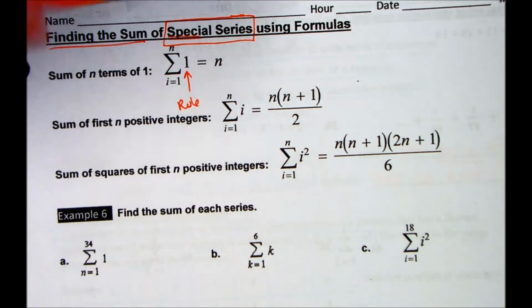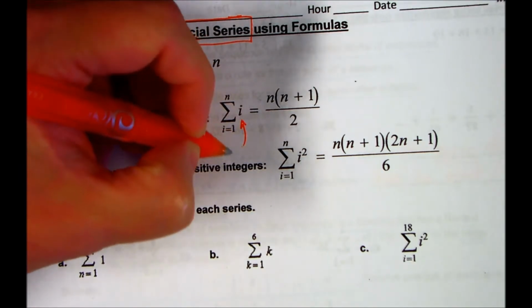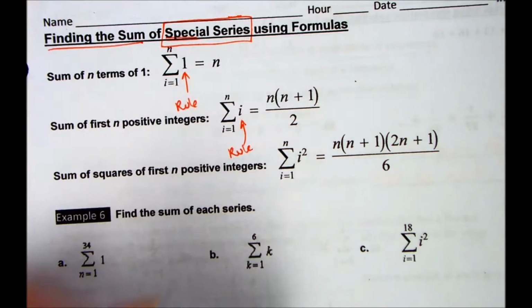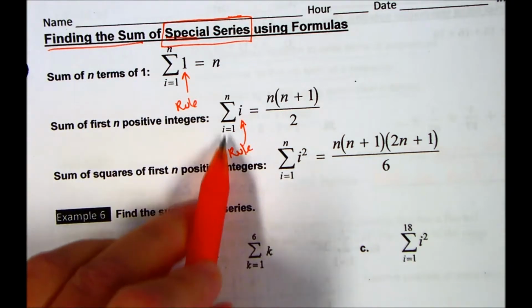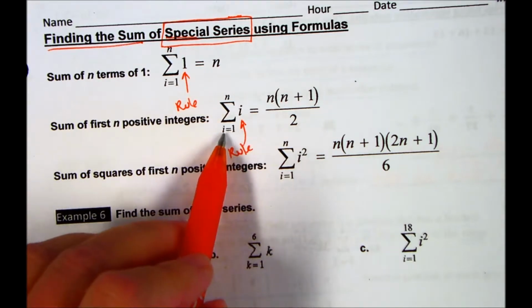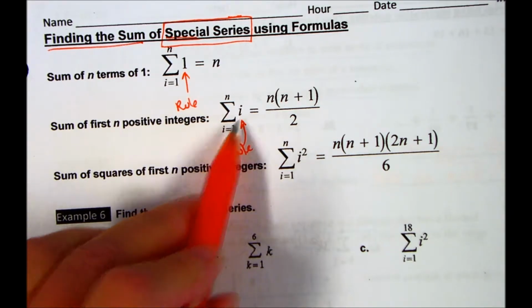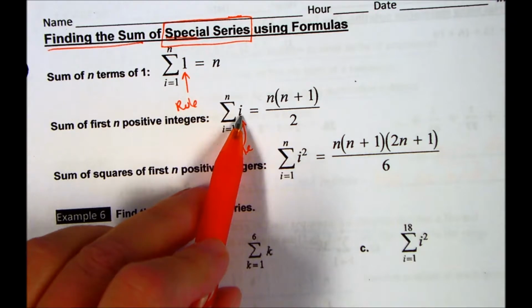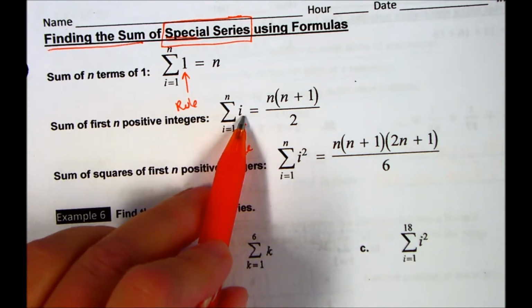In this second one, our rule is i, which basically is the same. So basically it's saying the output value is going to be the same as the input value. So if i is 1, the output is 1. If i is 2, the output is 2.